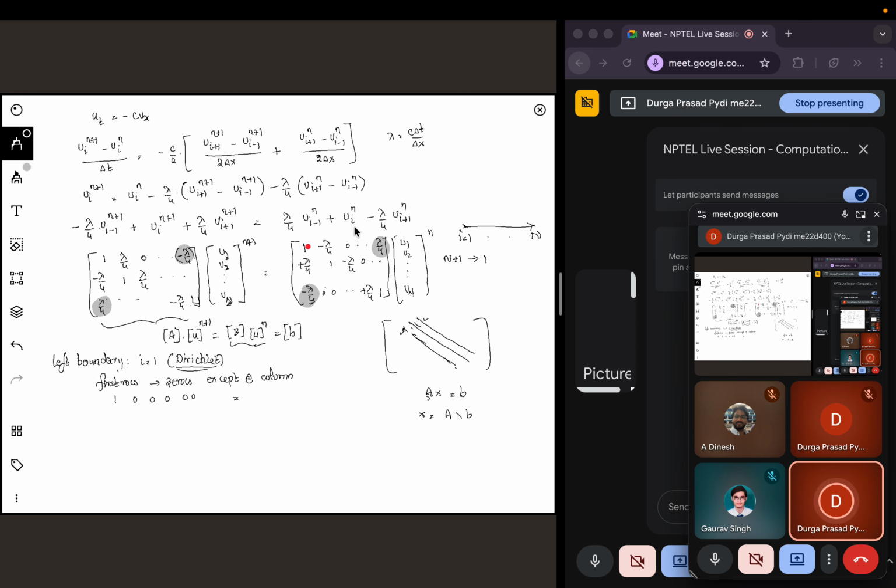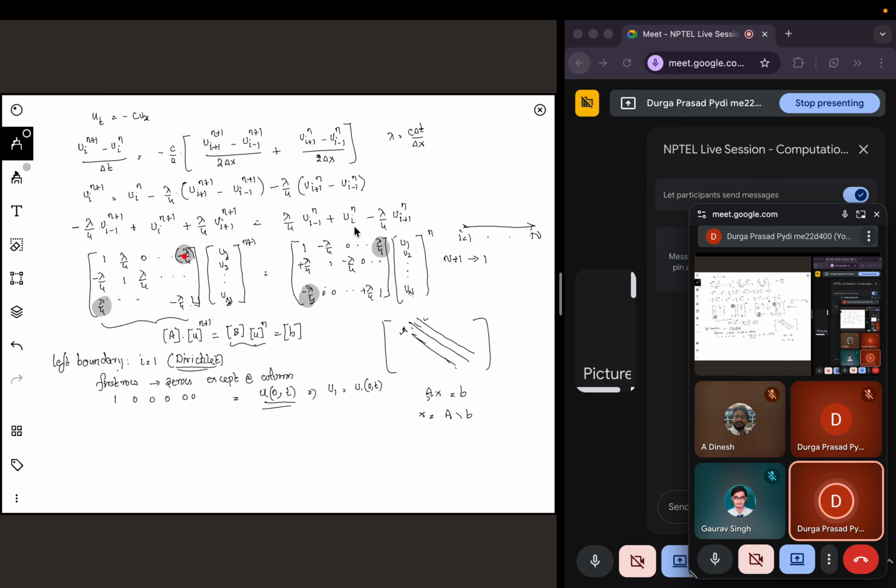And in the b term, you'll make sure that the corresponding value of the Dirichlet condition is available at that location. That will be the source term that we are adding. So you'll add whatever is the source term that you have given, u of x0 comma function of time. What this means is it will translate to u1 equals whatever is the value of u1 calculated at 0 comma t.